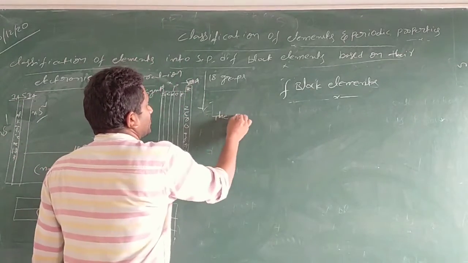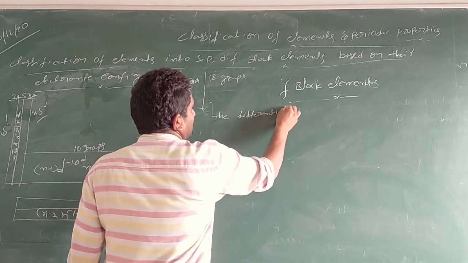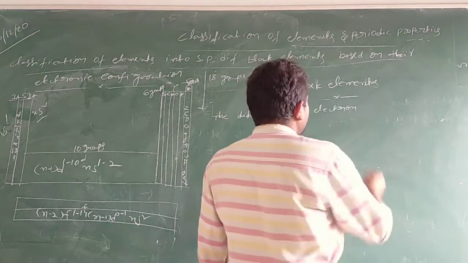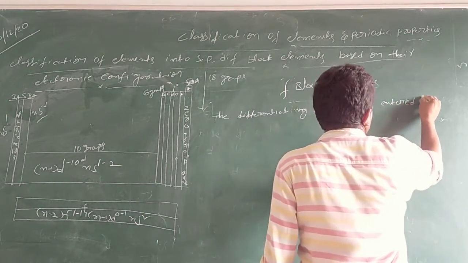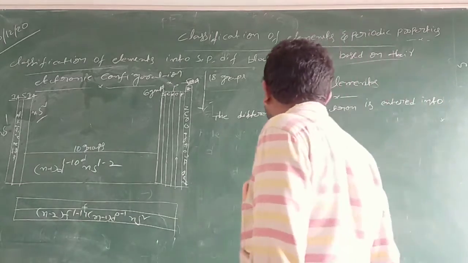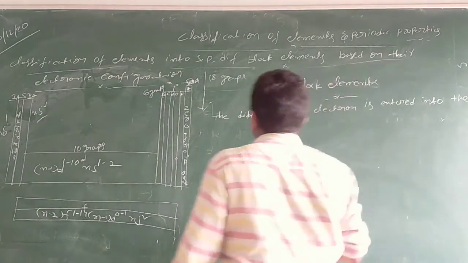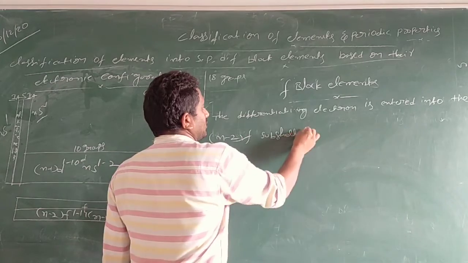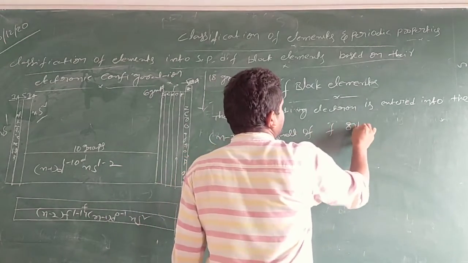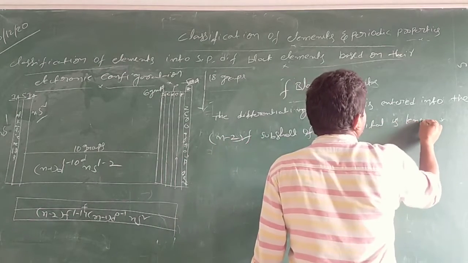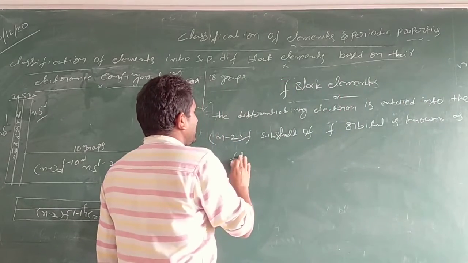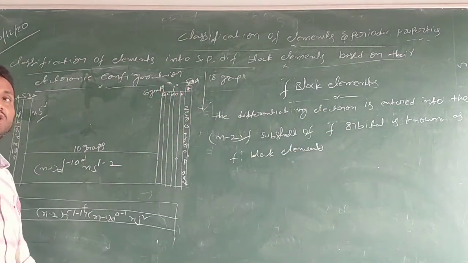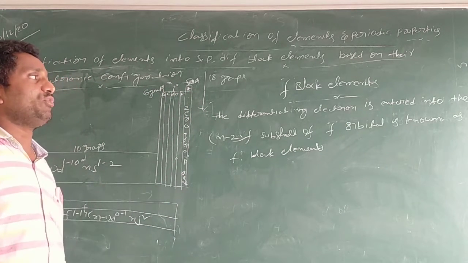The element in which the differentiating electron enters the (n-2)f subshell of the f orbital is known as an F block element.